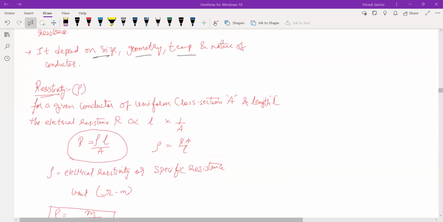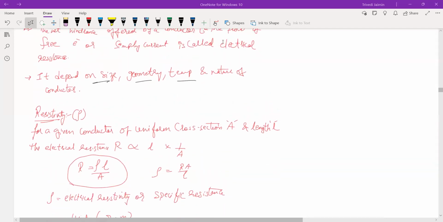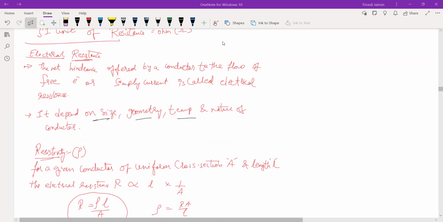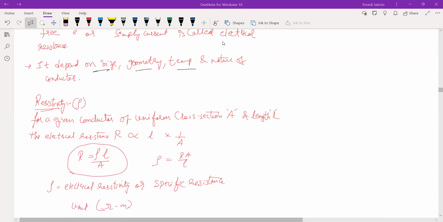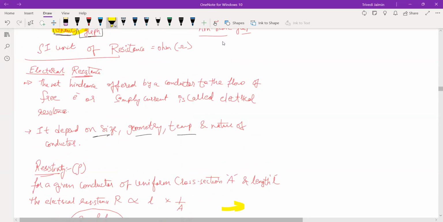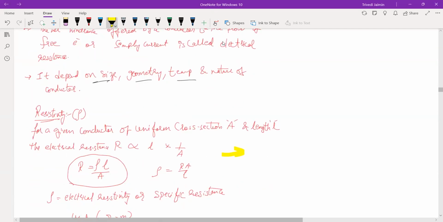Okay, and let's see resistivity. Resistance is the property of a material which resists the flow of current. Resistivity is for a given conductor with uniform cross-section area A and length L. The difference between these two is that resistance depends upon size, geometry, temperature, nature, all that.